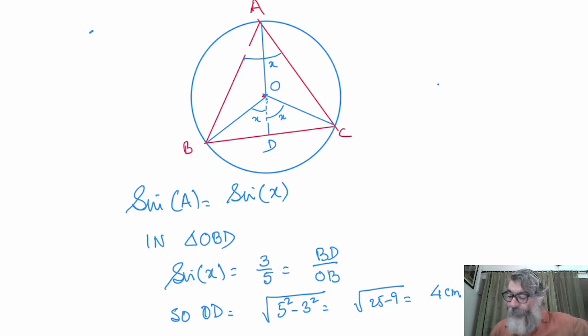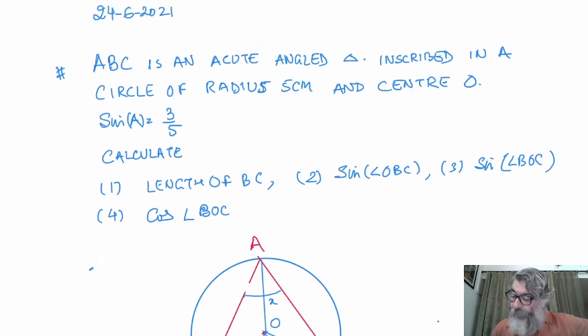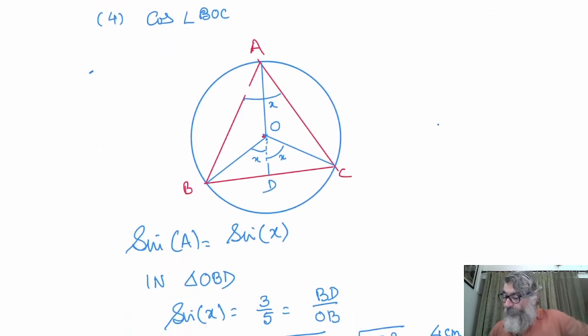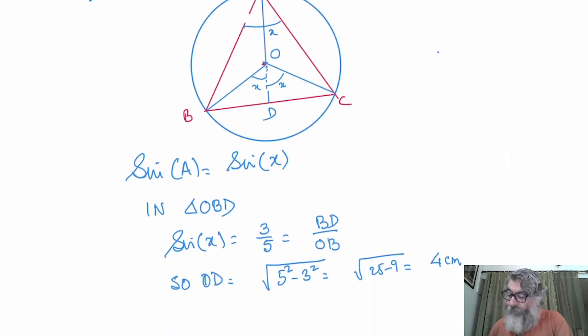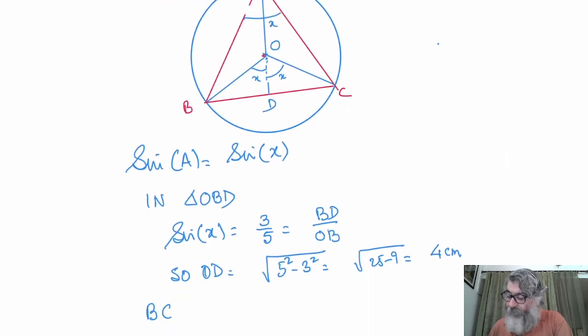Now first of all he wants the length of BC. BC is equal to BD plus DC. A perpendicular drawn from the center of a circle to a chord which is not a diameter bisects the chord.